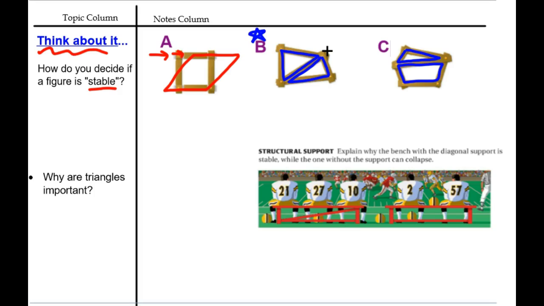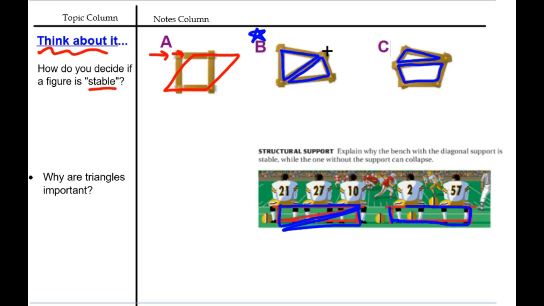So if we look at the next question down, it says, why are triangles important? If you have these football players sitting on these benches, one of them is strong, one of them is not as strong. What is the difference? If you look at the bench on the left, you notice you have that support that goes down the middle.